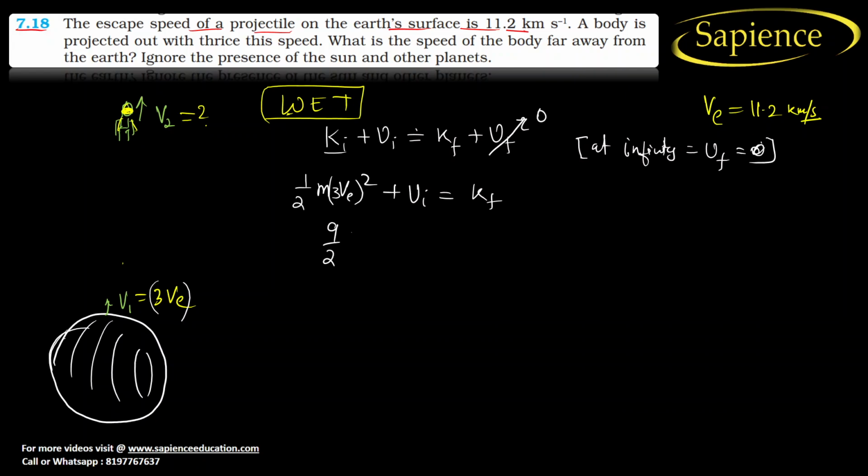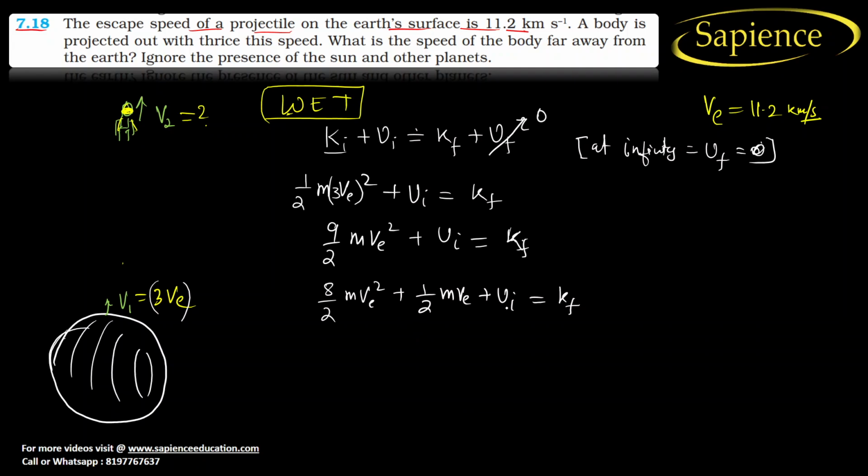So this is 9 by 2 m ve square plus Ui equal to Kf. Now can we break this as 8 by 2 m ve square plus half m ve square plus Ui, equal to the final kinetic energy.